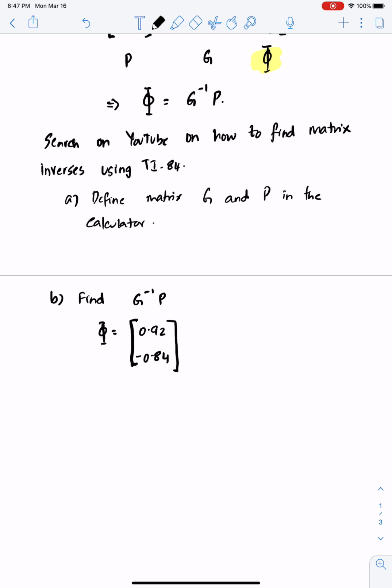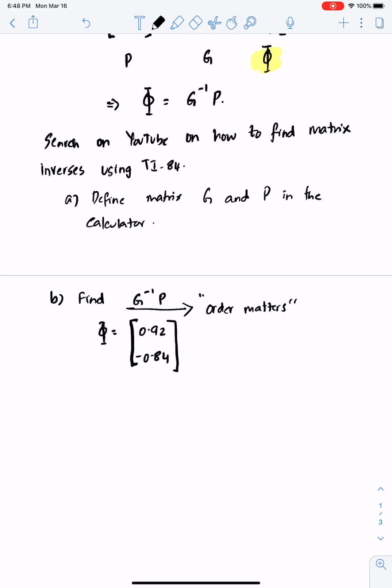Now, for the product here, you have to make sure that the order is preserved, in the sense that if you don't follow the order in multiplying, you're not going to get the solution. So the order of the product matters. So we found the values of phi1 and phi2.